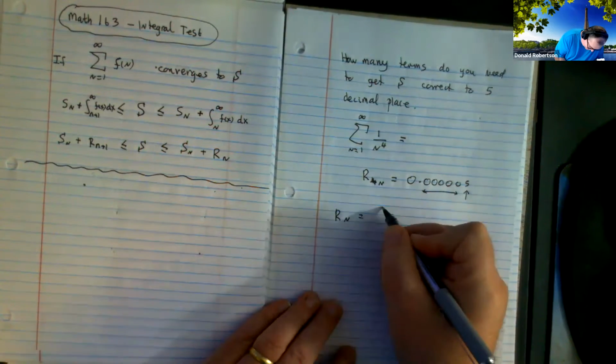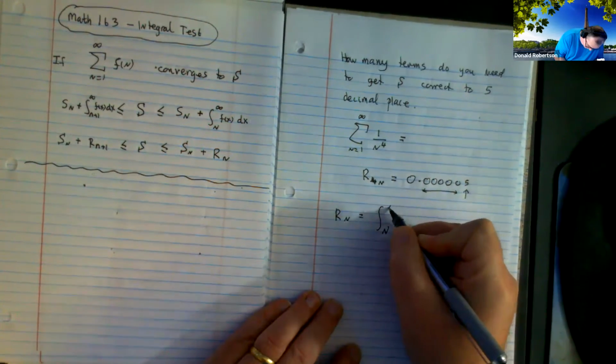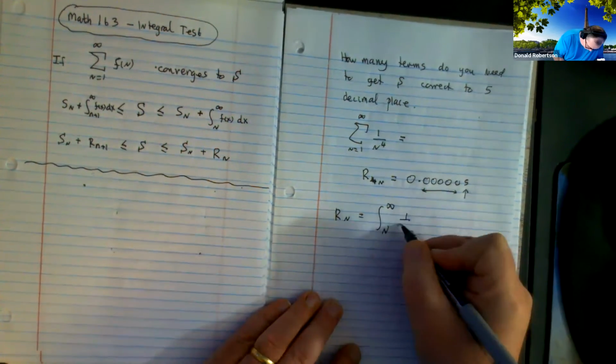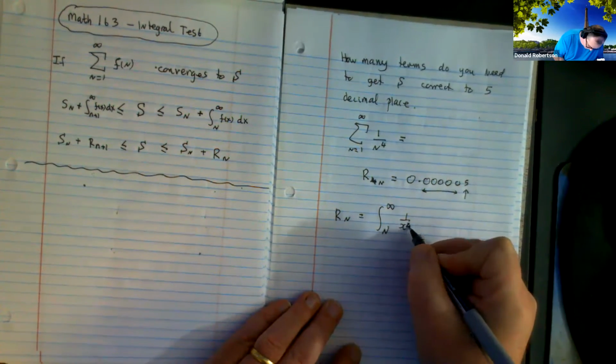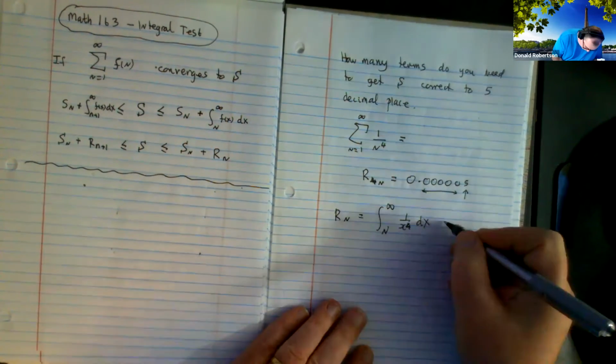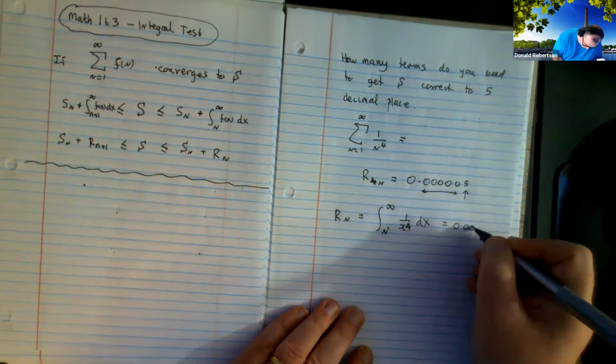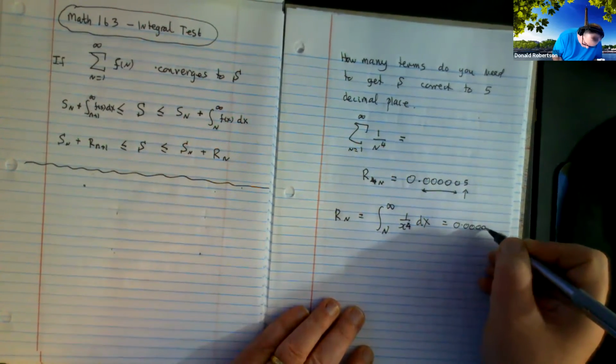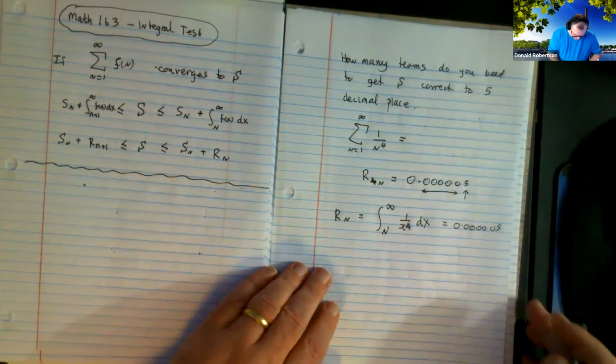Now, Rn is n to infinity of the function, and I need to solve when is it equal to this horrible guy. The answer is going to be a little bit of number crunching, a little bit not satisfying as far as I'm concerned. So, oh, darn it, we can't have n in two places, can we?